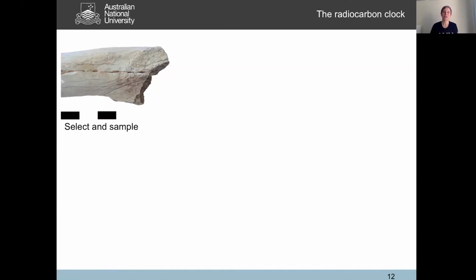This bone was found in deposits where the associated stone tools suggest some of the earliest modern humans in Spain. So by dating this bone, we're getting a very well associated age of those early modern humans in Spain, and it's around 42,000 years old.